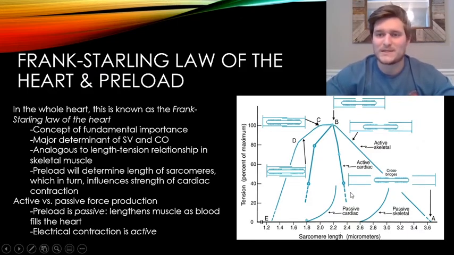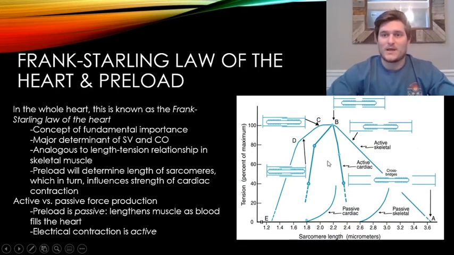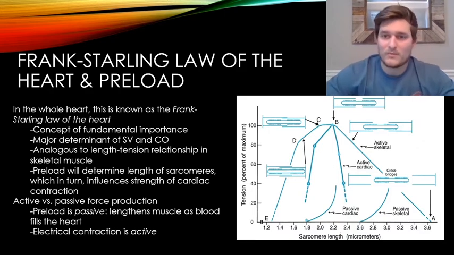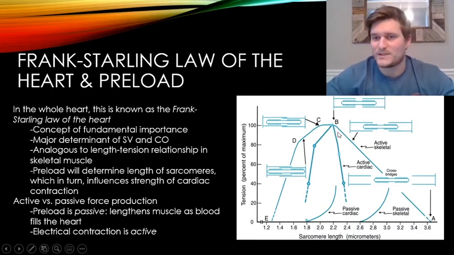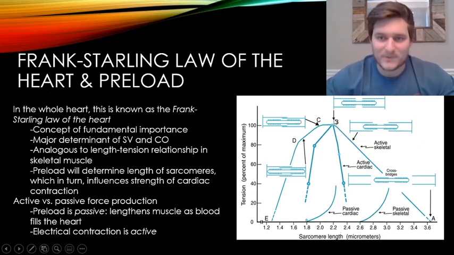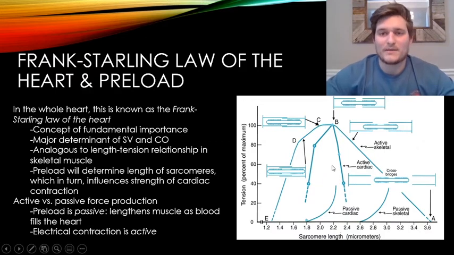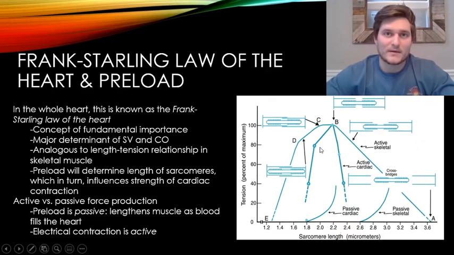Typically, we will not see the heart work on this descending portion of the curve because in a healthy heart, we are restricted from going to sarcomere lengths and fiber lengths beyond the optimal length. So therefore, the cardiac muscle will be efficient in ejecting out blood and producing the proper amount of force to keep up with stroke volume and cardiac output.